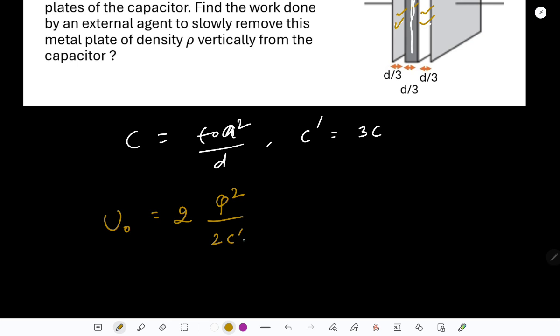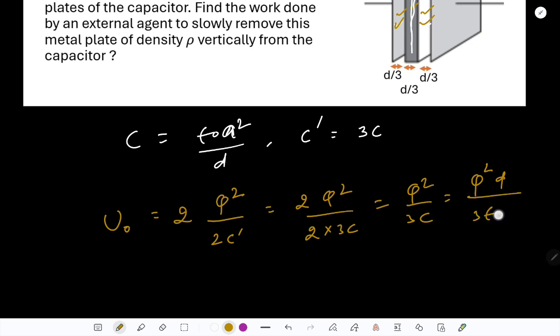and that will be equal to, if I write C dash equals 3C, 2Q square by 2 multiplied by 3C, and that becomes Q square by 3C, and that is Q square D by 3 epsilon naught A square.